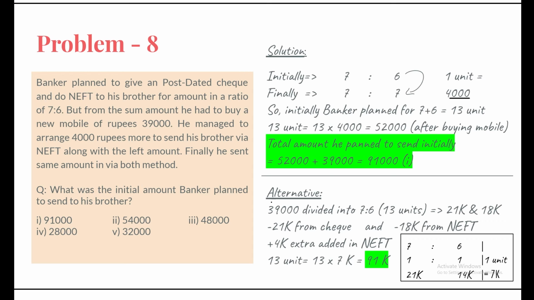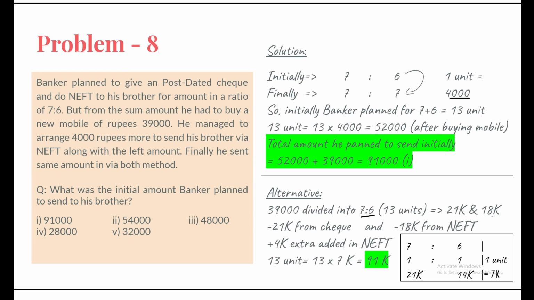Okay. So to understand this better, we have another alternative here. As we already discussed that 39,000 is taken from the total amount, it can be divided into 7:6, and that is again 13 units. Now if we divide this, we get 21k and 18k.